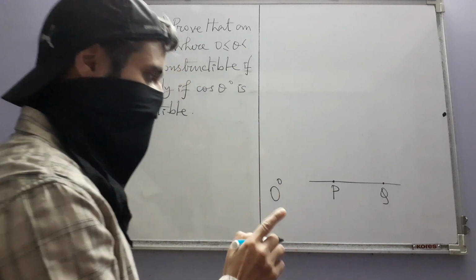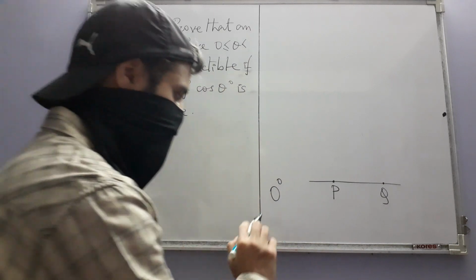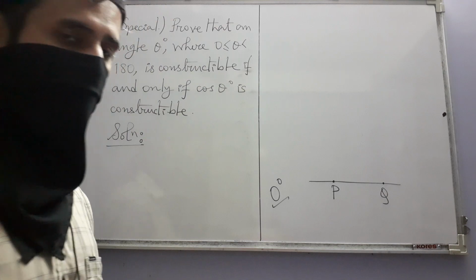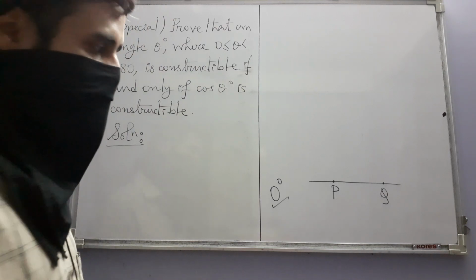So again, by definition of constructibility of angles, 0 degree is a constructible angle because of this.